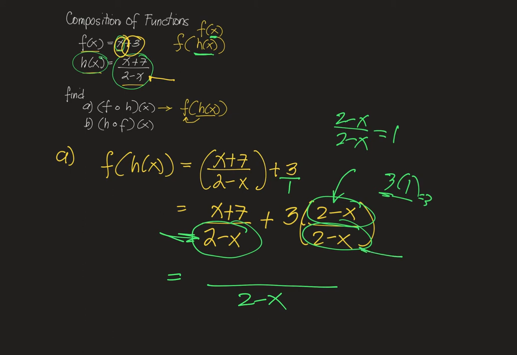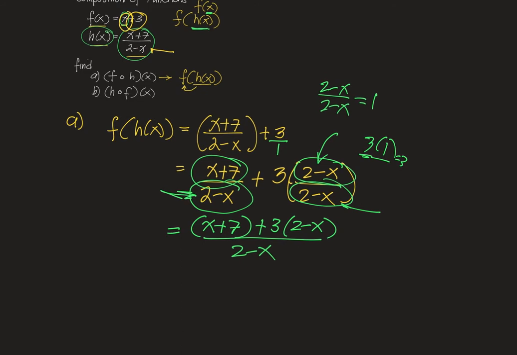That's the main reason. So having the denominator 2 minus x, you have x plus 7 on the first, and you have 3 with the 2 minus x on the second. Then all you have to do is simplify the numerator, remove the parentheses. If you need to distribute, you distribute.